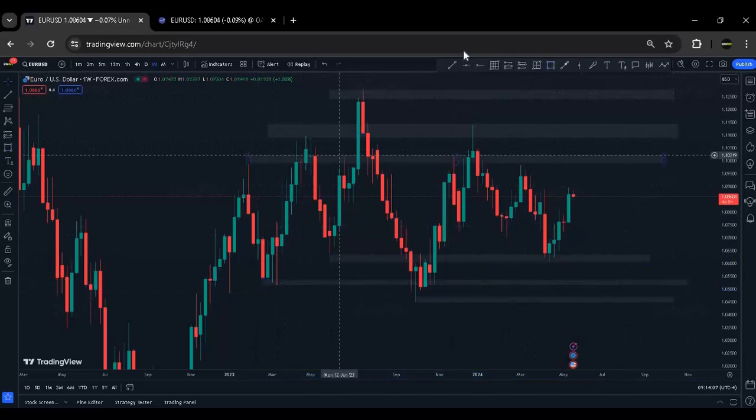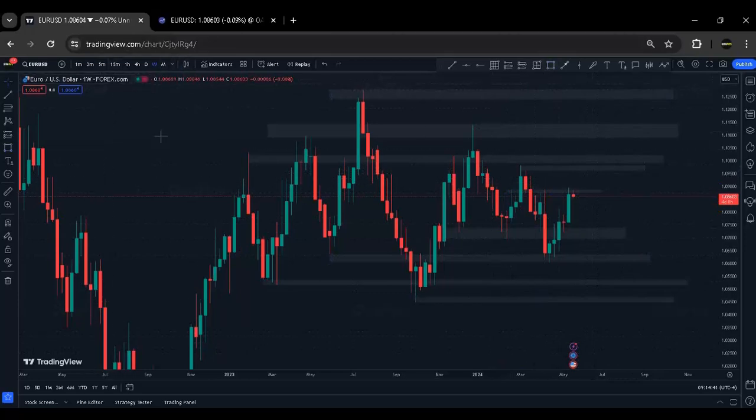It's as easy as that. You don't need to complicate it, you don't need to do too much thought analysis. Whichever level price reacted at, you mark it.